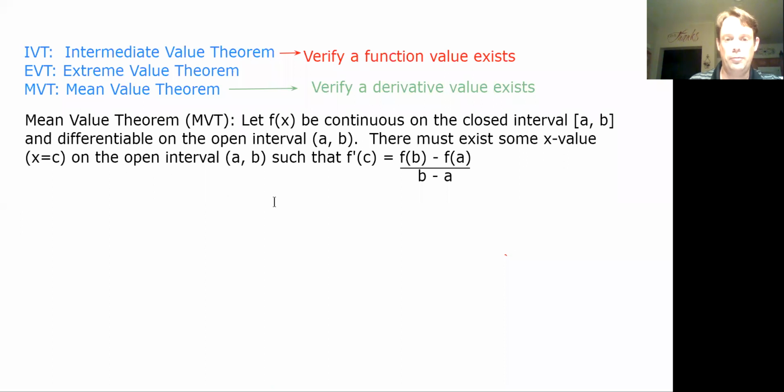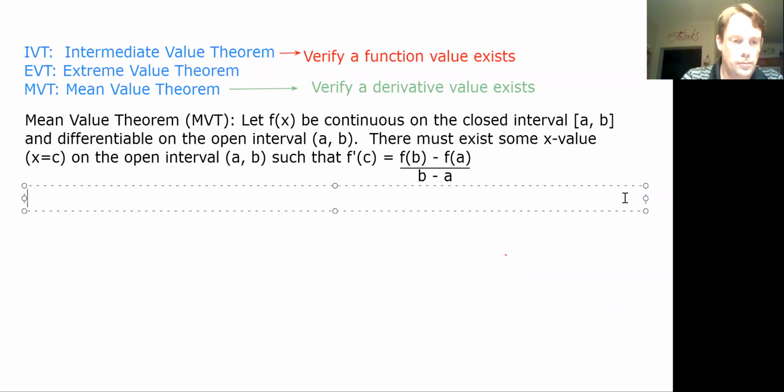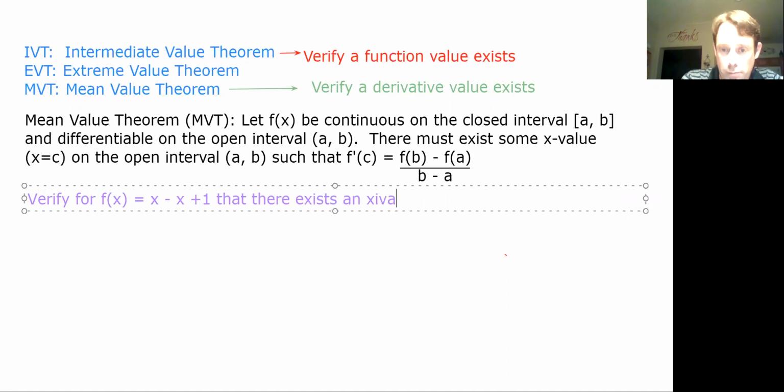Here's your problem to begin with, friends. Verify for f of x equals x cubed minus x squared plus 1, that there exists an x value from -1 to 4 that has f prime of x equals 10.